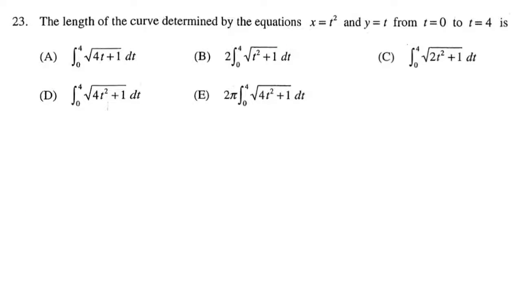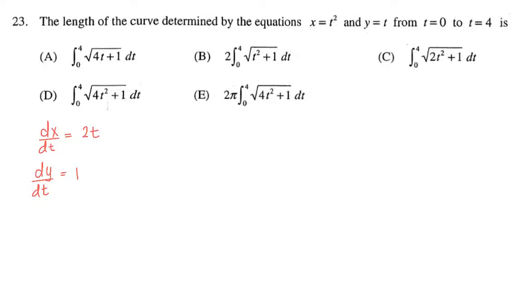With number 23, we need to find the length of the curve determined by our two equations. This is a pretty straightforward problem. We do need to find our derivative of x, so dx/dt, which is going to give us 2t. And then we also need to do the same for y, so dy/dt, and that's just going to be a 1.